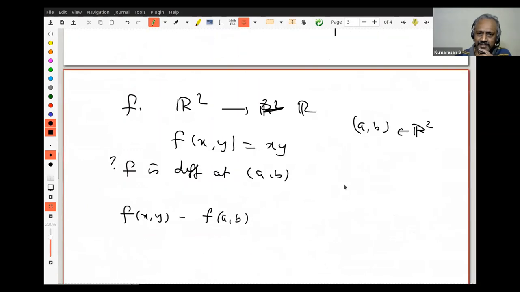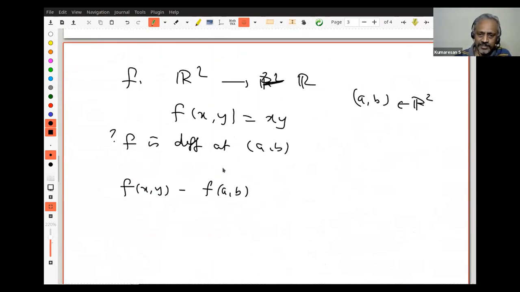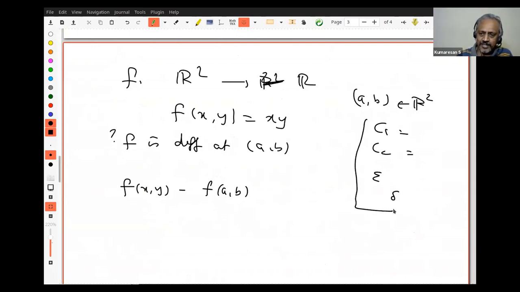You are discovering. Whereas if I want to show it's differentiable according to the definition, I have to tell you take C1 equal to this, C2 equal to this. Then you give me an epsilon, I will produce a delta. That's a verification. I don't want to be an accountant. I want to be a wealth creator.